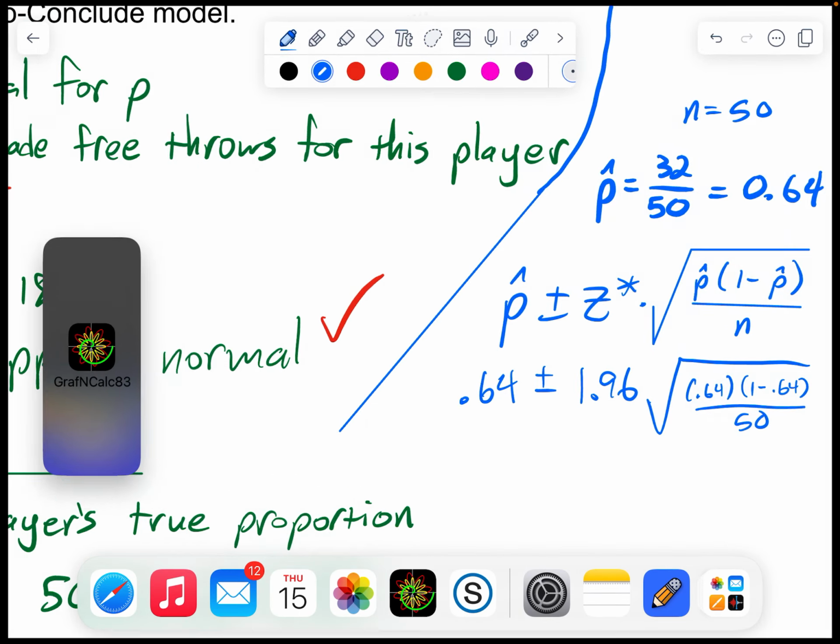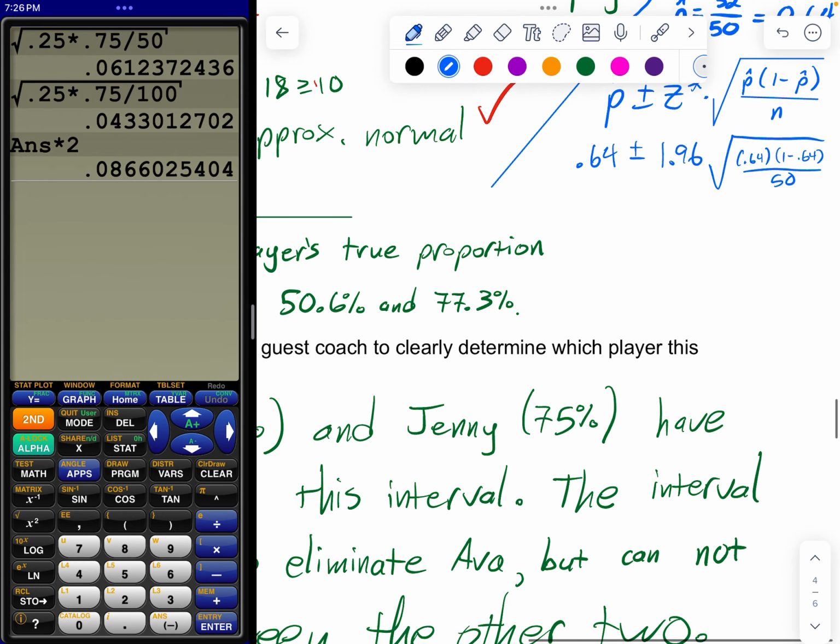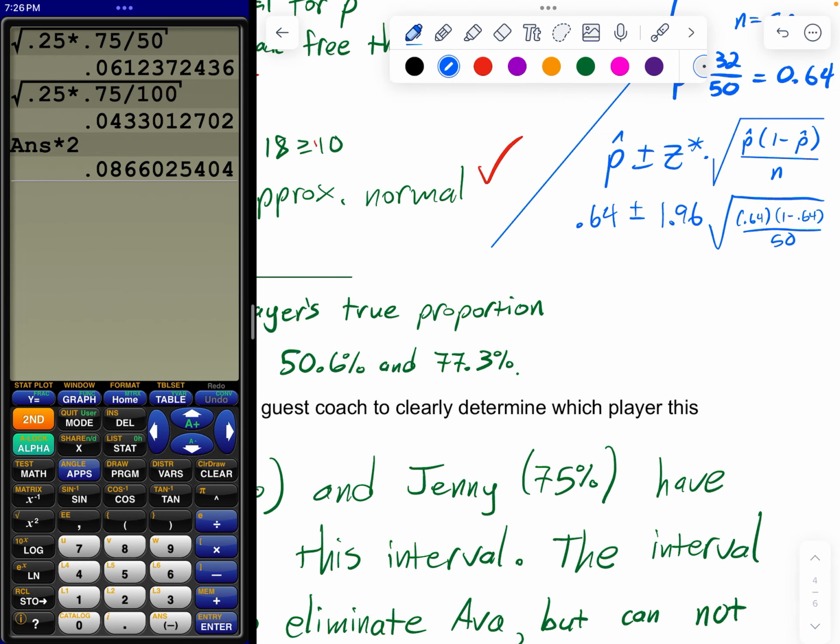And then it's just a matter of cranking this out on the calculator. I'm going to start with the square root. Square root of 0.64 times 1 minus 0.64 divided by 50. So that's my standard error, or standard deviation.